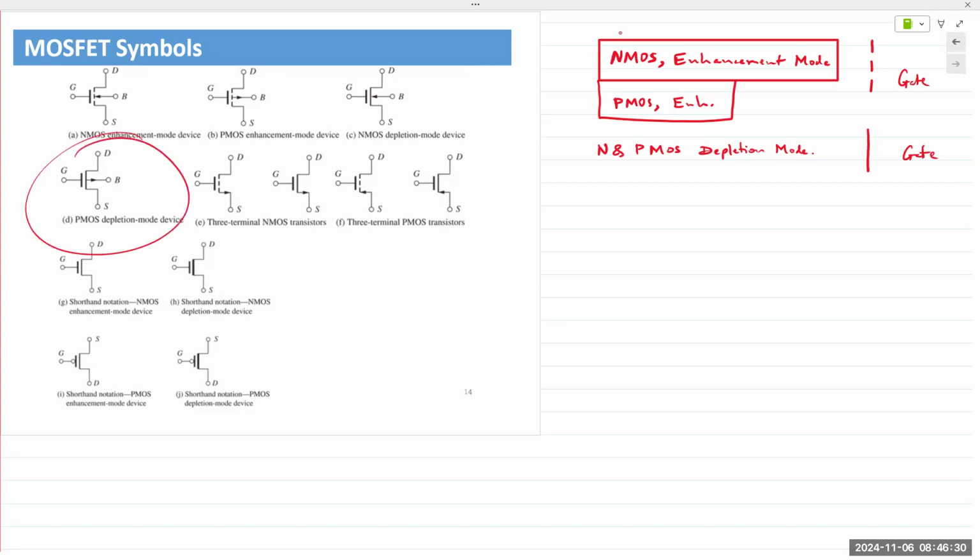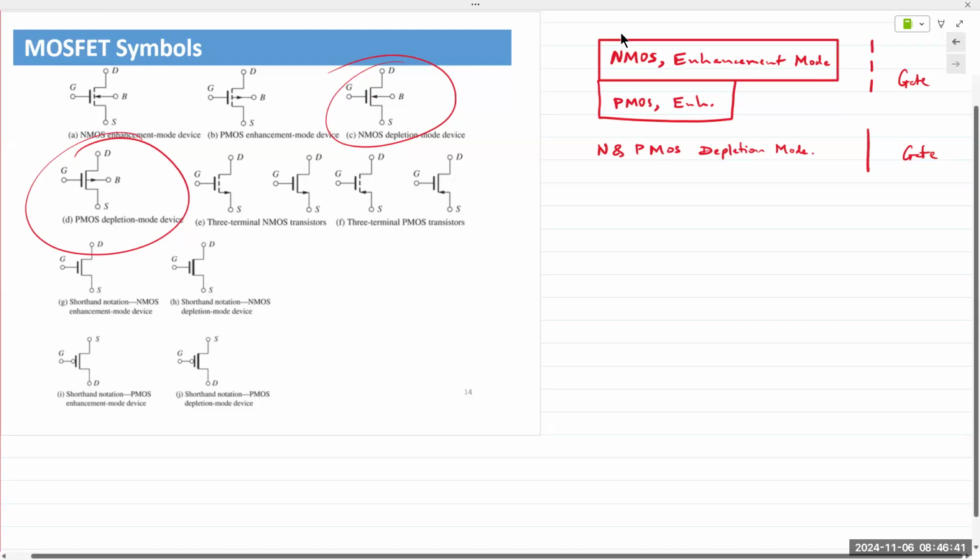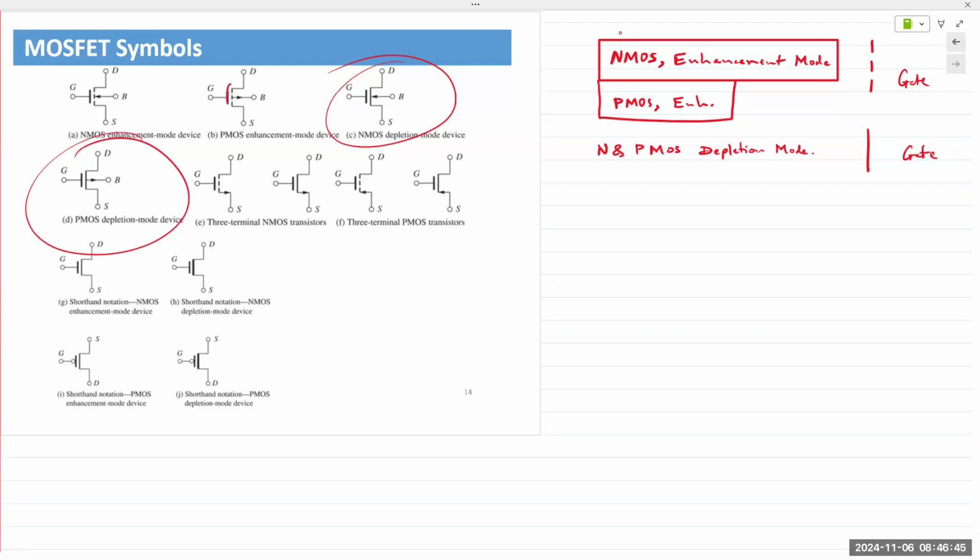Oh, here. Depletion mode devices, NMOS and PMOS depletion mode devices. The gate is indicated by a straight single line, whereas for enhancement mode it is 3 separate lines or 3 separate dots right there. Okay.